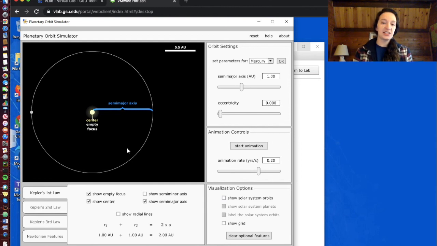So anything less than 1 will be really elongated, assuming it's close to 1. It'll be really elongated, it'll be an oval. Once you reach 1, your orbit becomes a parabola, where it's like a comet. You have the comet coming in towards whatever object is at one of your foci.